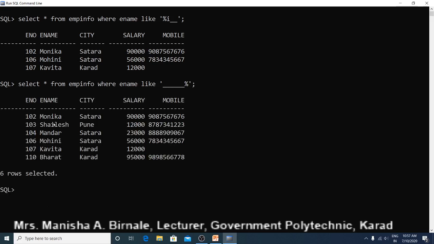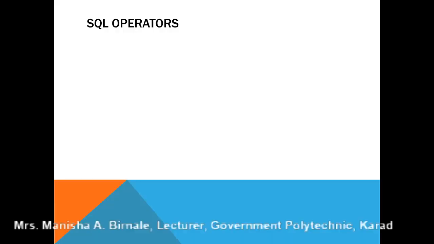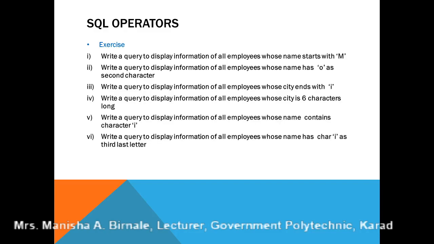So here you can see information of employees whose name is minimum 6 characters long. This is 6 characters long, this is 8 characters long, like this. So in this way you have to specify different patterns using the pattern matching operator like.